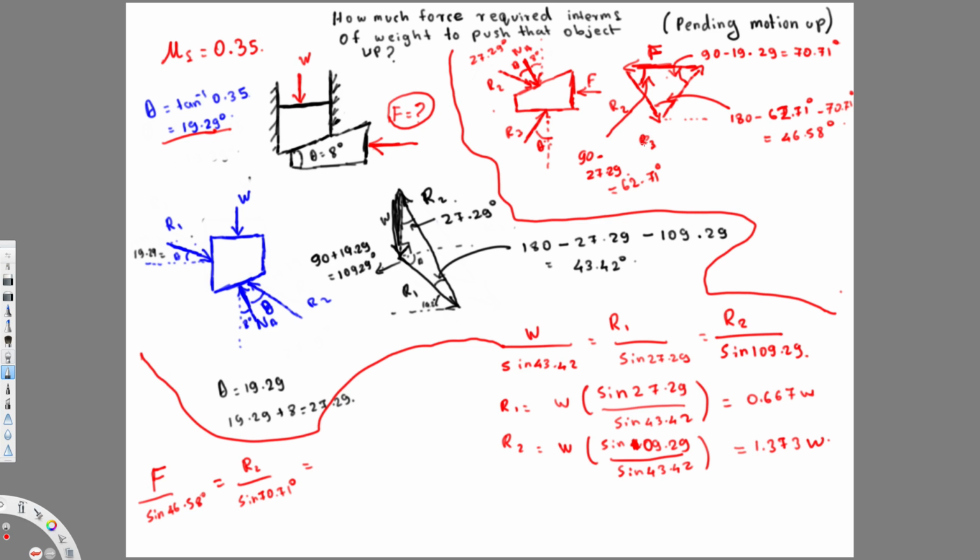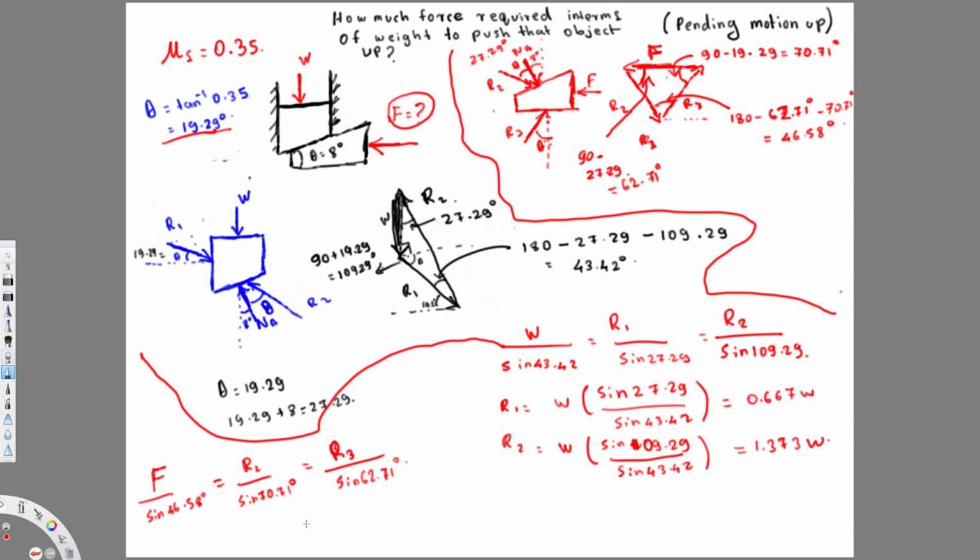Then we have R3 over sine 62.71 degrees. Now it's easy to solve everything in terms of R2.